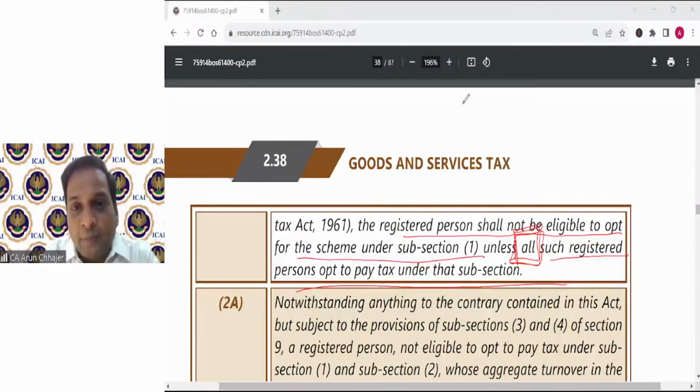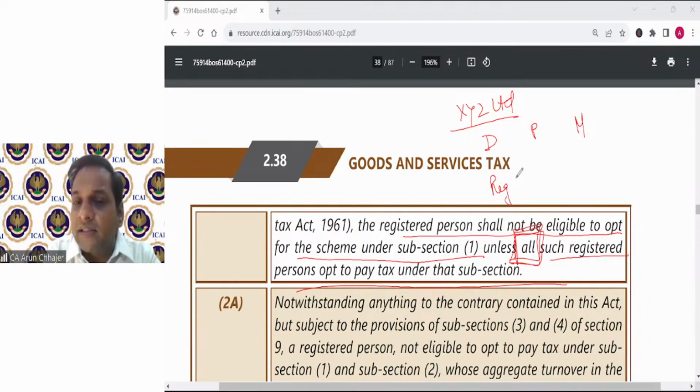It means, suppose XYZ Limited is registered in Delhi, in Punjab, and in Mumbai, Maharashtra. They are registered in Delhi under the regular category, in Punjab under the regular category, but they like to go for composition only for Maharashtra.